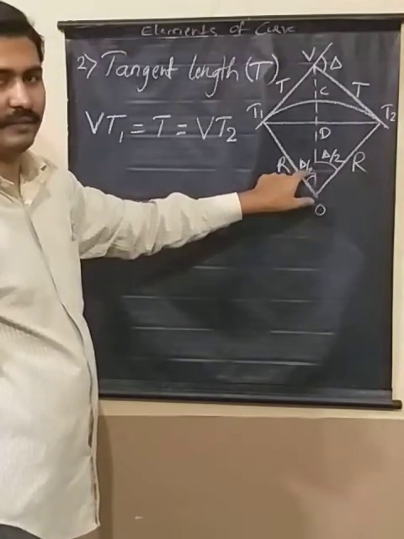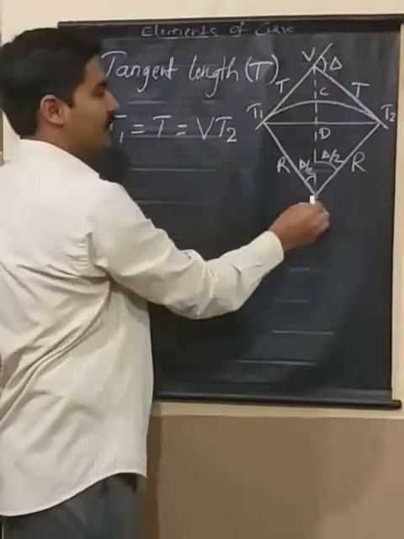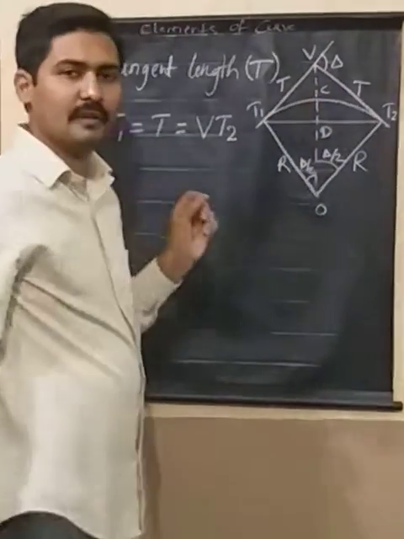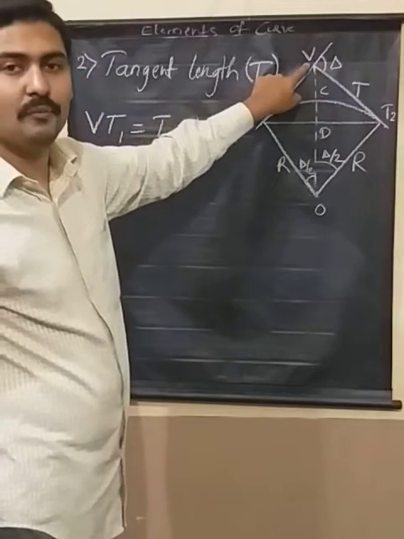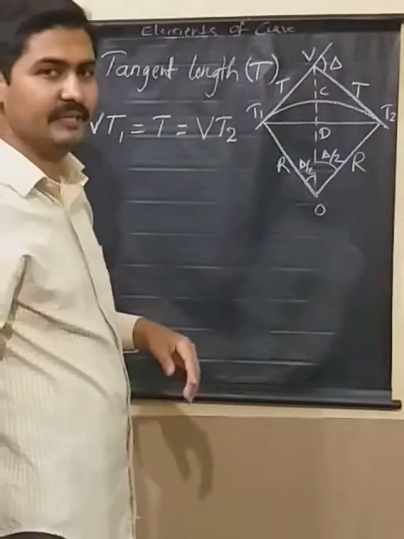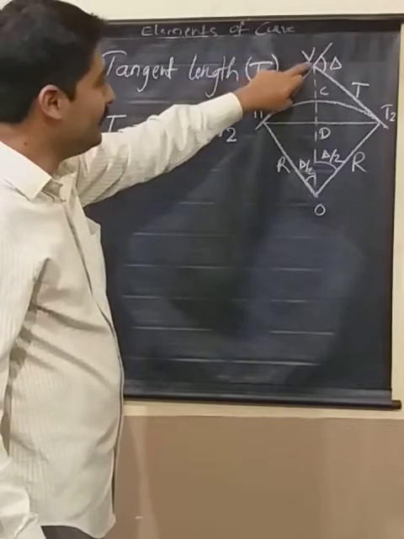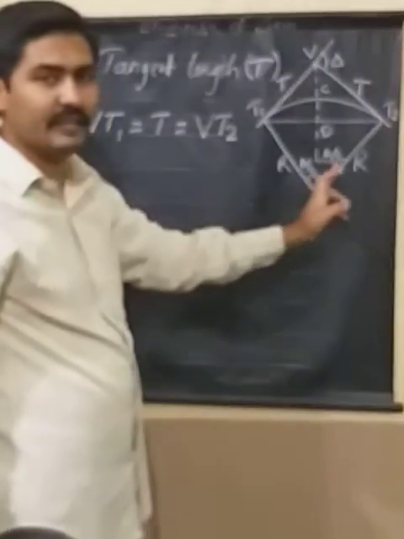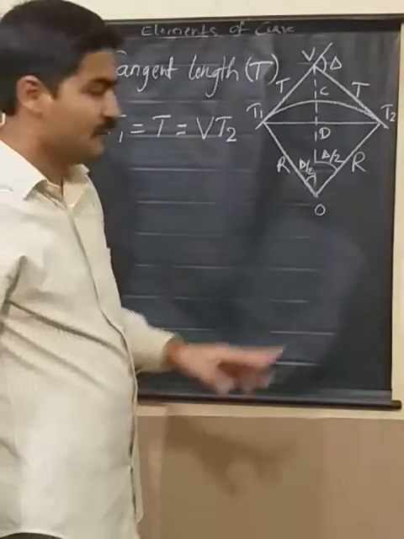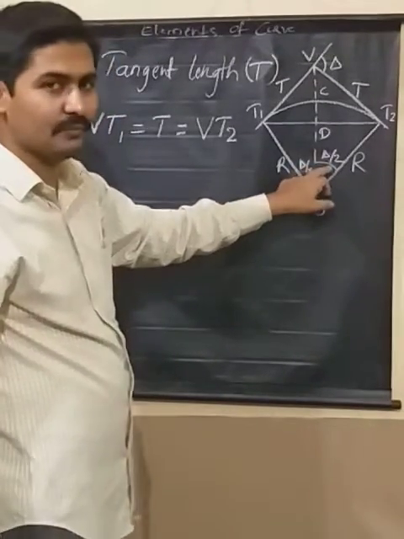Okay. Now how I am going to get this is, I know the radius, I know the angle here. When you connect the center to the point of intersection, V is the point of intersection where the two tangents meet, right? So if I join V to O, this is going to exactly divide the central angle into halves. So it becomes delta by 2, right?